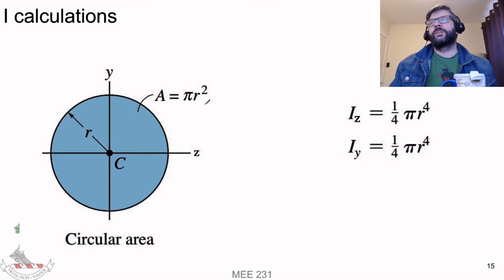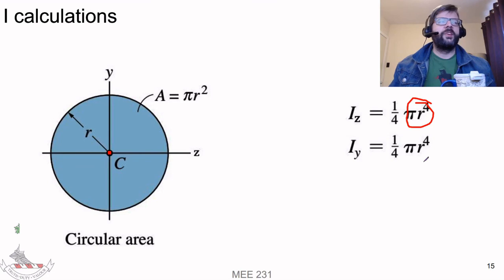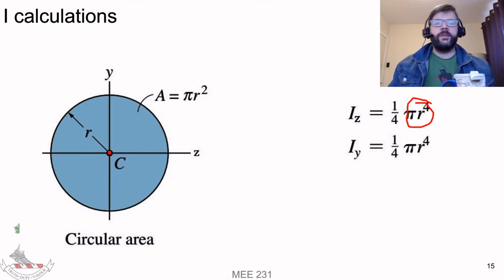And also for a circular area, it's symmetrical, so that is obviously the same thing, but just 1/4 pi times r to the fourth. And again, you're always going to end up with some sort of length unit to the power of 4 for your I value. And yeah, that's it for now.